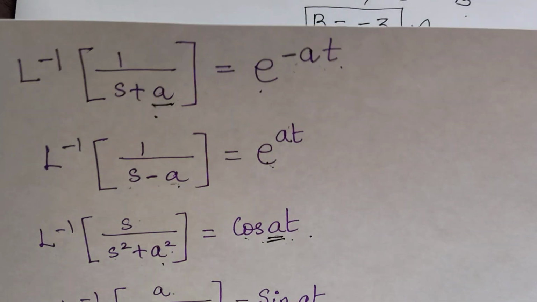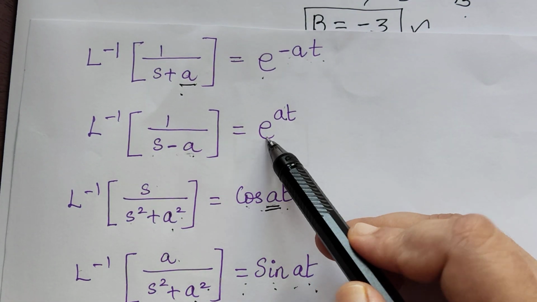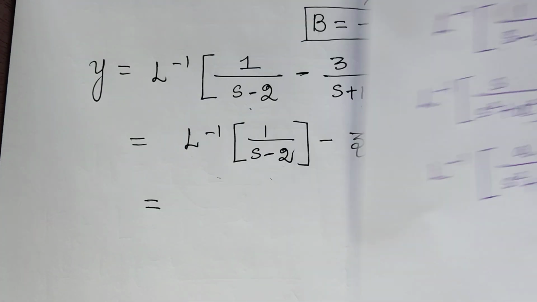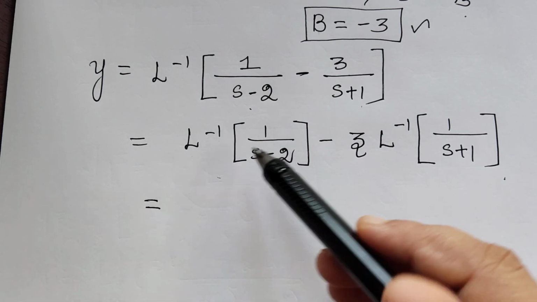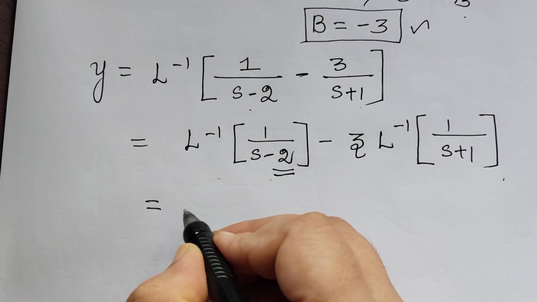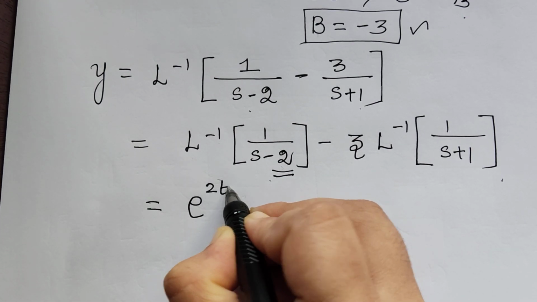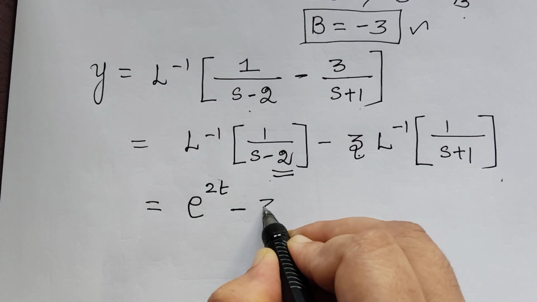The Laplace inverse of 1 by s minus a is equal to e power at. Now here we have Laplace inverse of 1 by s minus 2. The value of a is 2, so it will be e power 2t, minus this 3.